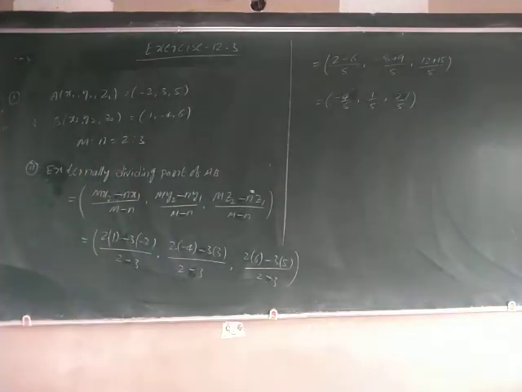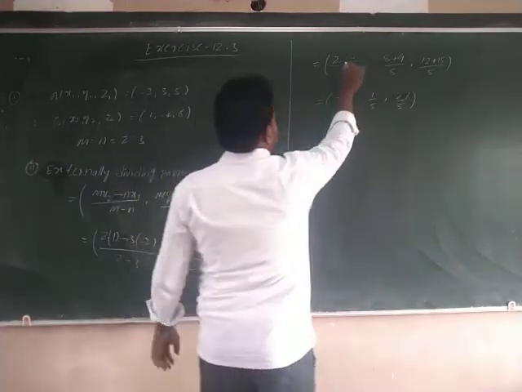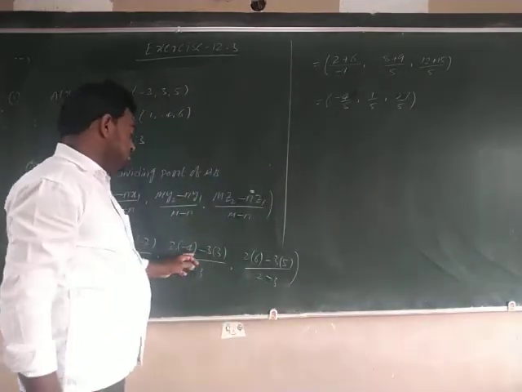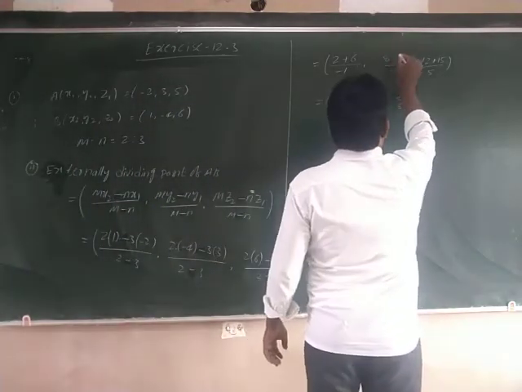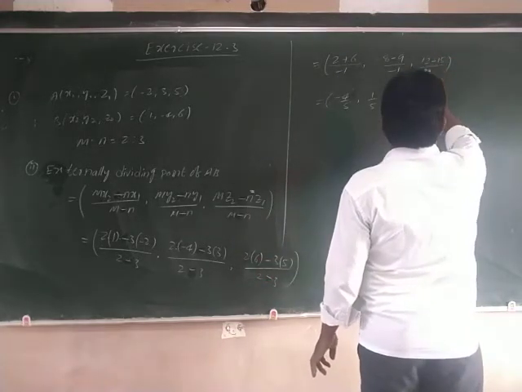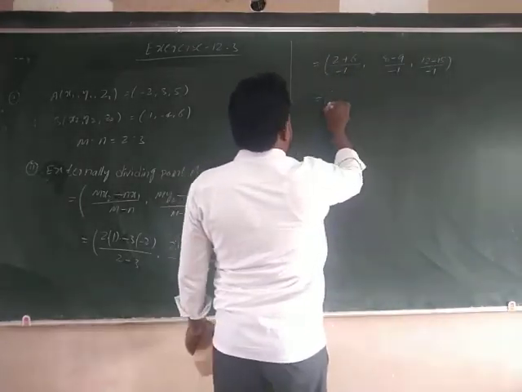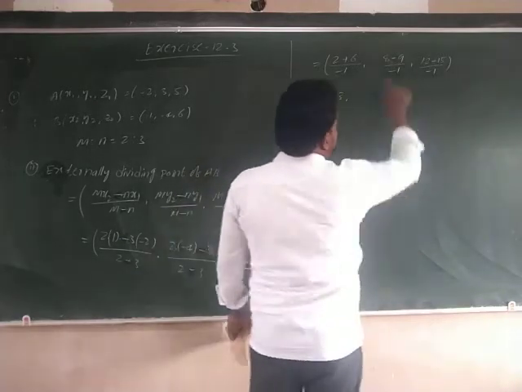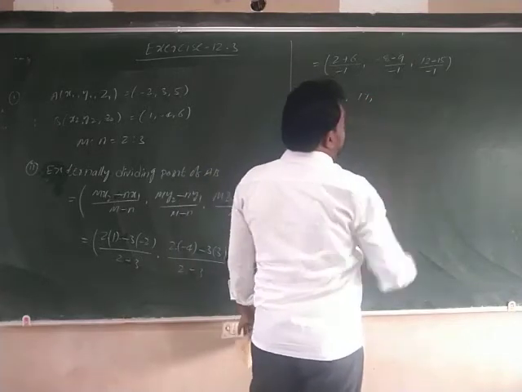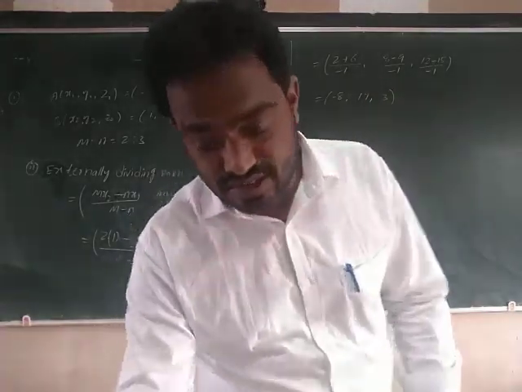Alright, now 2 into 1 is 2, minus 3 into -2 is plus 6, by 2 minus 3 which is -1. 2 into -4 is -8, minus 9, so -17 by -1, so 17. 12 minus 15 is -3 by -1, so 3. So this is the second one's answer.